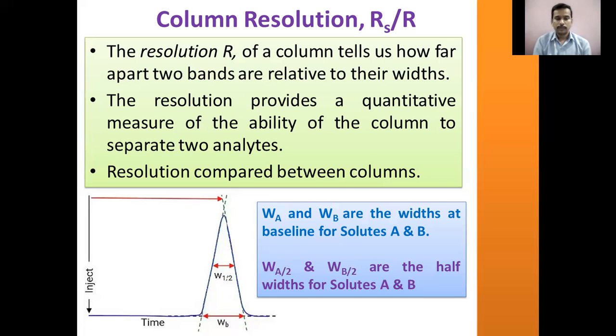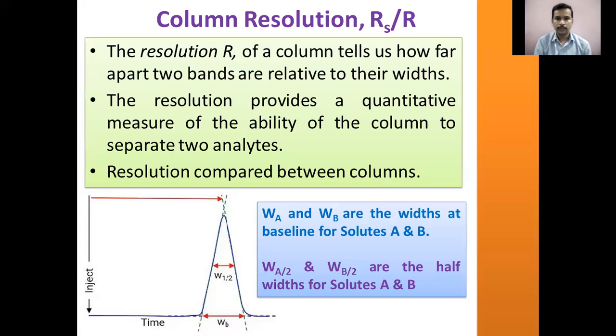You should remember that the resolution value can be calculated between two solutes, so in the chromatogram you should have at least two peaks. For the two peaks, there are corresponding solutes. Solute A will have a retention time of TRA, and solute B will have a retention time of TRB.